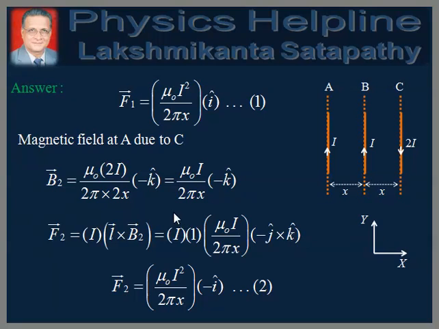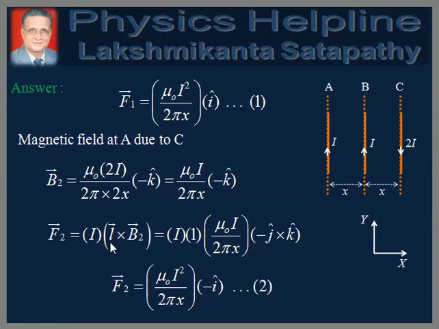And the force per unit length of A due to current in C, which is nothing but force per unit length of A due to B2. Therefore, we write the general equation F2 is equal to I into L cross B2, because I is the current through A. The value of current is I, and because we want force per unit length, we put L is equal to 1, and the magnitude of B2 is mu 0 I by 2 pi x, and the cross product of unit vectors.